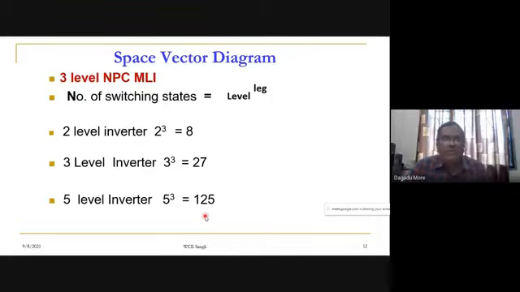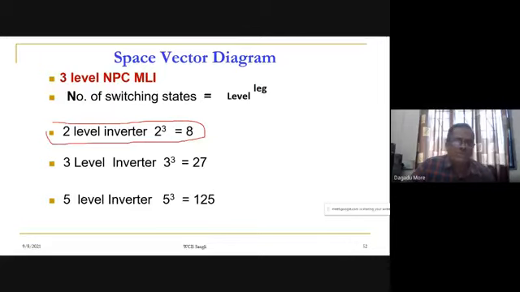Now let us go for the switching states. Now we can go for the space vector diagram. We can go for this table and discuss here. Particularly we have seen the two-level inverter. For a two-level inverter, how many switching states are there? We have seen that there are 8 switching states, 6 are active and 2 are inactive.